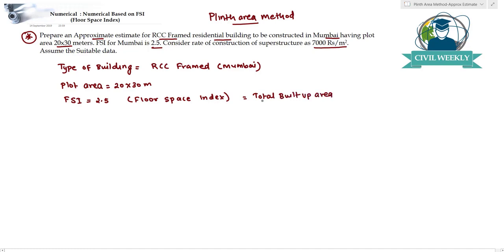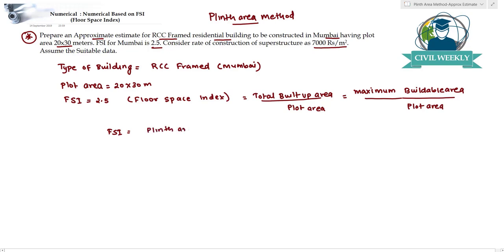So total built up area divided by plot area will give us the FSI of 2.5, or it can also be called the maximum buildable area divided by again the plot area, or we can also denote it as FSI is equal to plinth area divided by plot area. So this FSI is given to us as 2.5.